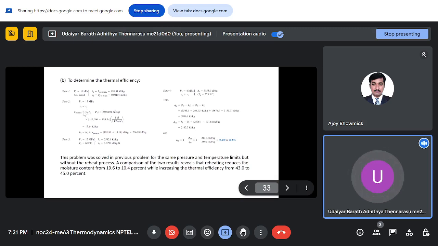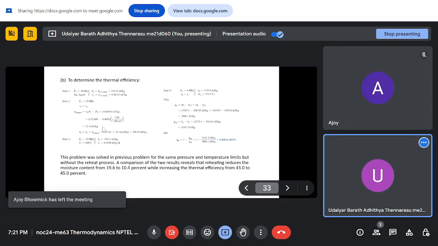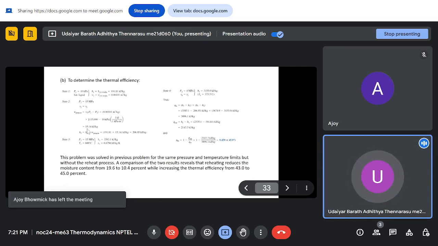Specific volume will be constant because it's an incompressible fluid, so we can take specific volume out. Integral dp is change in pressure, so v into delta p. Specific volume at 10 kilopascal is 0.00101 meter cube per kg. So this into a change in pressure, which is 15,000 minus 10. So your work done is 15.14 kilojoule per kg.